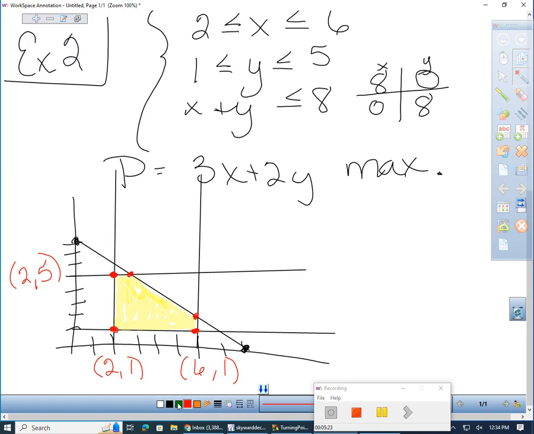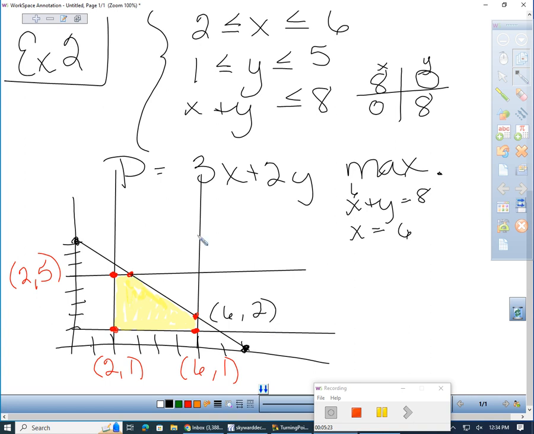Let's start with this one. This is the diagonal line, x plus y equals 8, and the vertical line where x equals 6. So I know my x value has to be 6. If I plug that in here, what does my y value have to be? Good. All right, so that's that point.